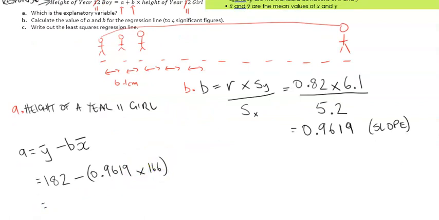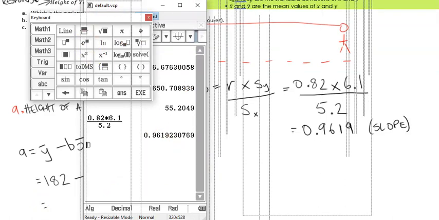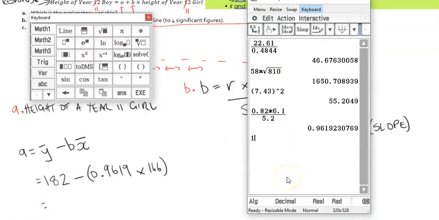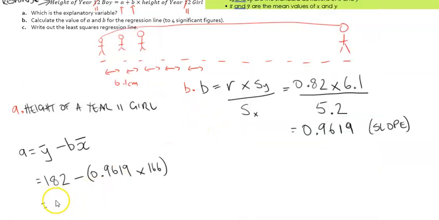Let the ClassPad calculator work this out. 182 take away 0.9619 multiplied by 166. This is going to be 22.32, to 4 significant figures. So we've calculated the values of a and b for the regression line.